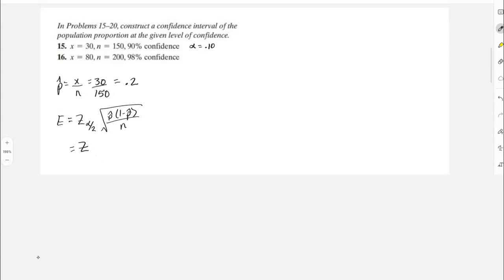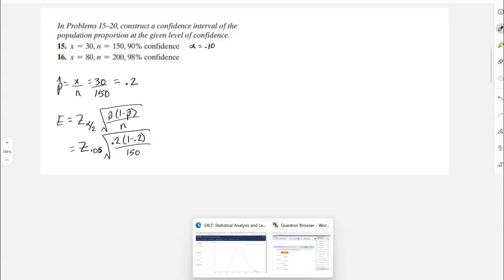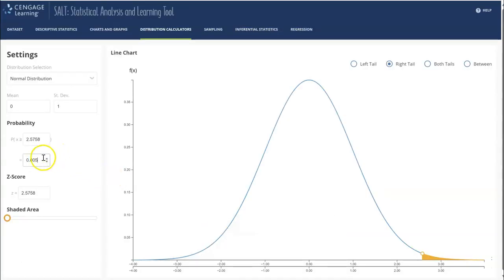So I'm going to replace this with 0.05. P-hat is 0.2, 1 minus p-hat, divided by n. We could use our technology to find z of 0.05, and that's going to be the 1.645.